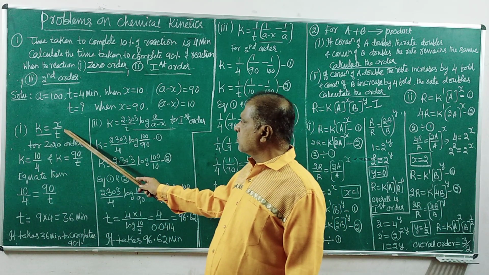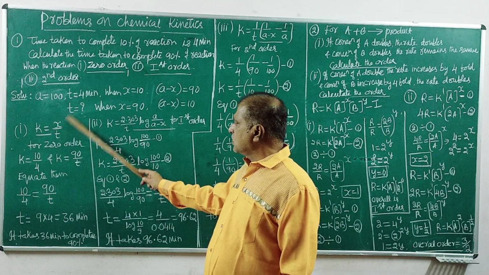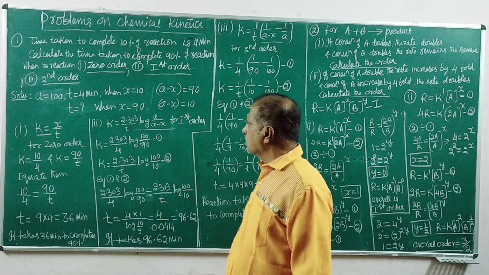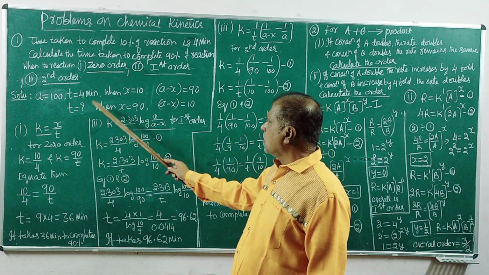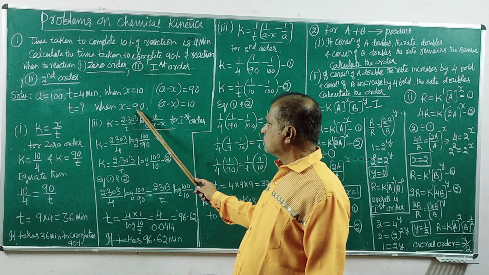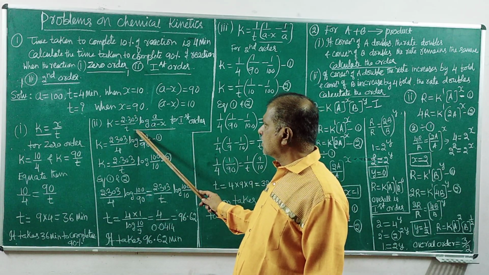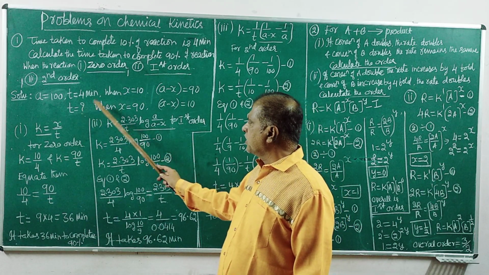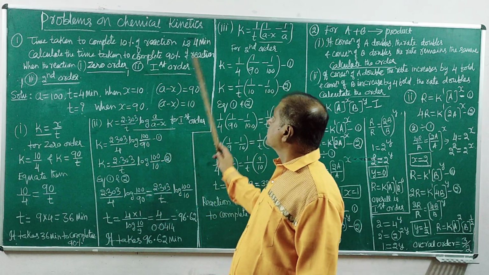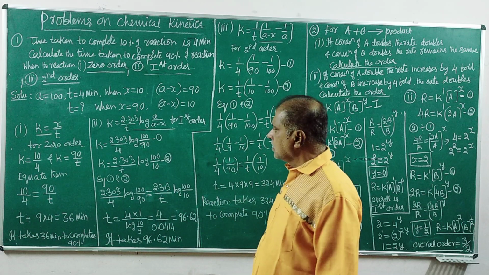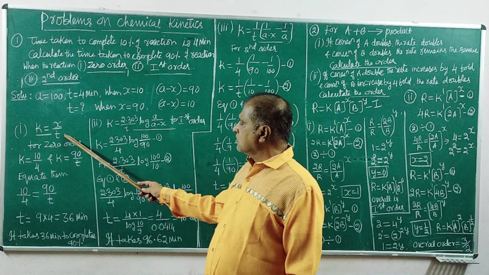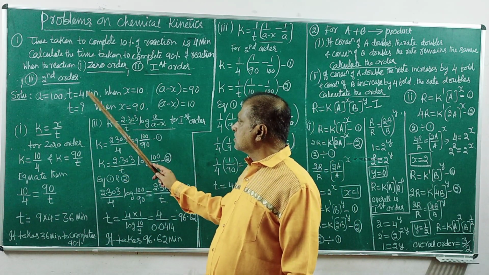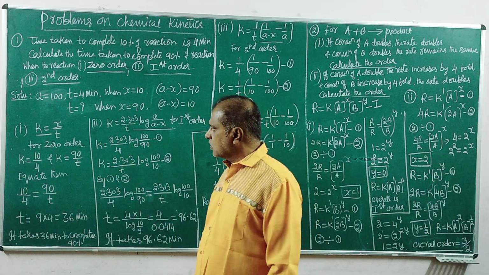Take the zero order equation. If the reaction is zero order, what is the time taken to complete 90%? Suppose the reaction is first order, what is the time taken to complete 90%? For second order, similarly. Take the equation, substitute the data and simplify, that is all.